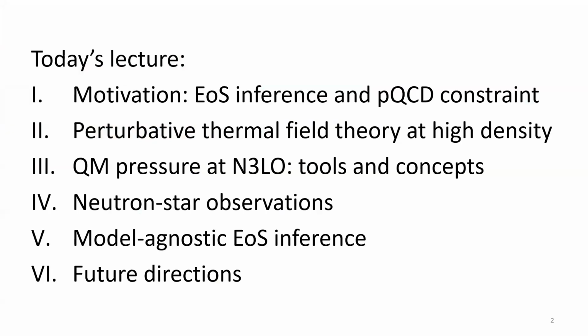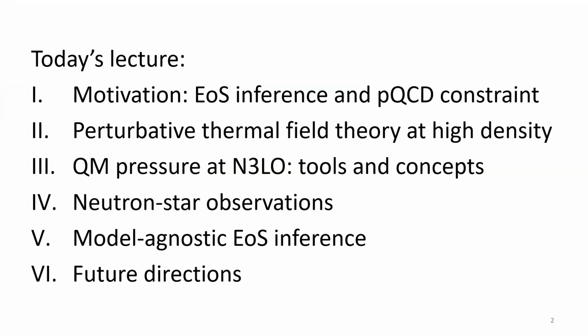The parts of today's lecture are that I will start with a brief motivation for why we are doing what we are doing. Then I will say a few words about the technical details that we skipped yesterday about how one can do perturbation theory at high density and small temperatures. Then I will say a few words about where we are right now, trying to complete the so-called next-to-leading order pressure for cold and dense quark matter, and what tools we are using there.